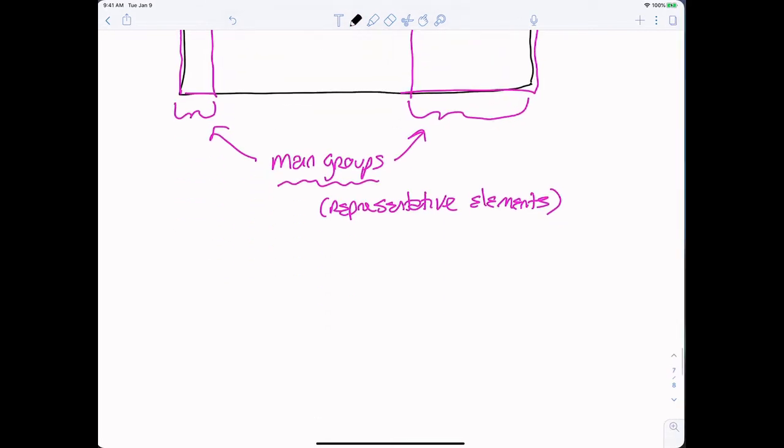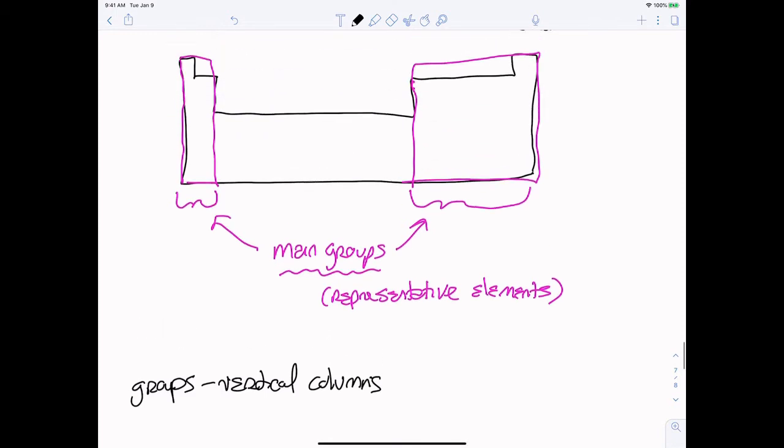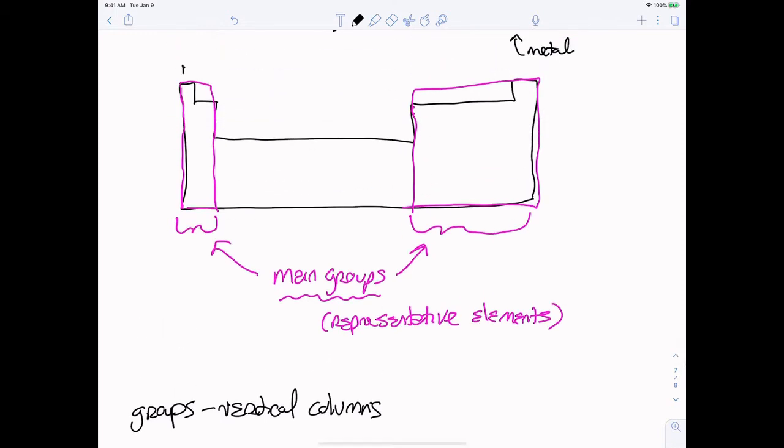Hopefully, again, this should all be review for you. But groups are our vertical columns. So when I said group 1, I'm talking about this entire column, right? Group 2 would be this entire column. So my vertical columns, get rid of that messy stuff, are groups.